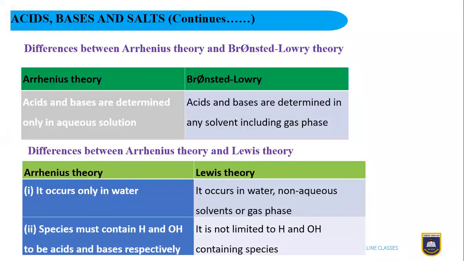Even if there is gas, solid, or nothing, you are in vacuum, you can determine it. Just see what is donating a proton, that's a Brønsted-Lowry acid. See what is receiving a proton, that's a base. So one of the flaws of Arrhenius theory is that you only determine what an acid is and what a base is when there is aqueous medium. If there's no aqueous medium, you can't know whether a substance is an acid or a base.